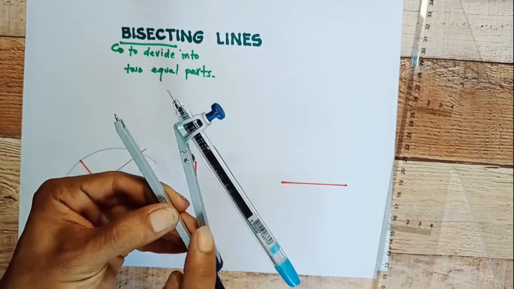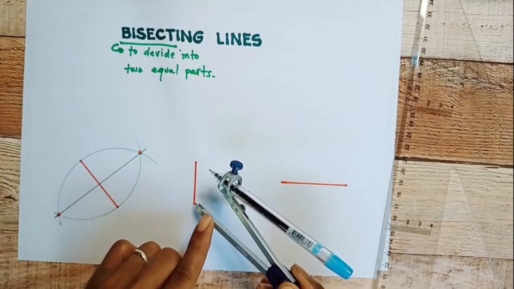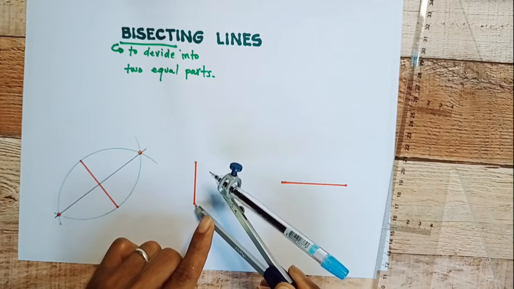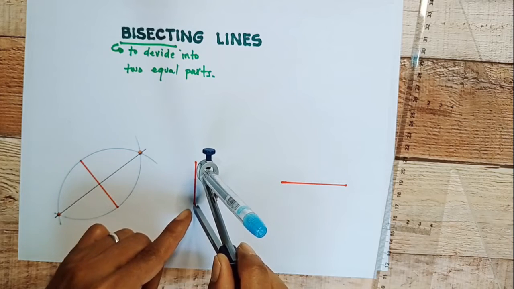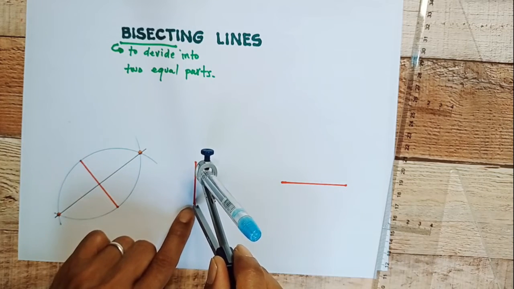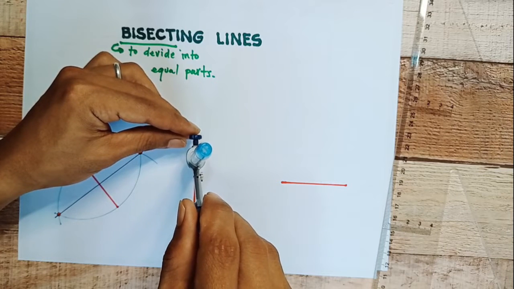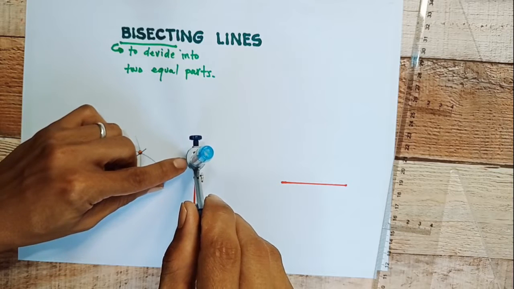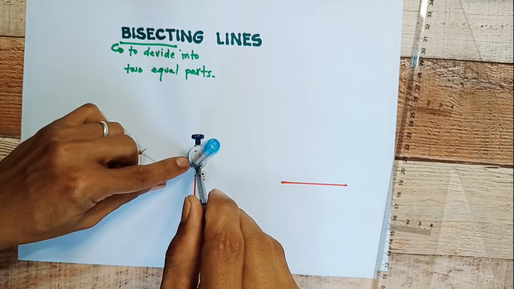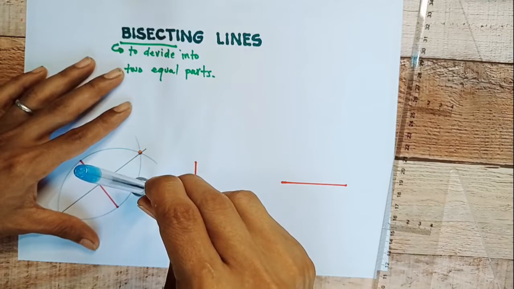So first, our needle point will be on one end of the line, while the pen point, or the pencil point, will be on the opposite end of the line. There. Then let's just strike an arc there like so.